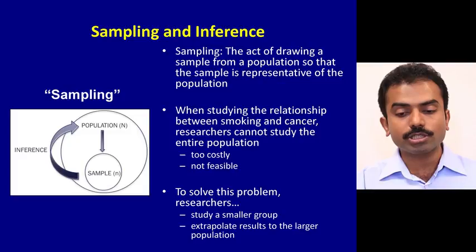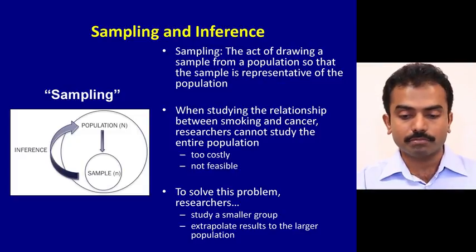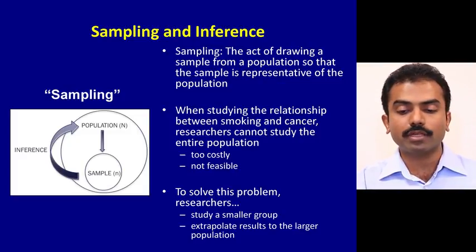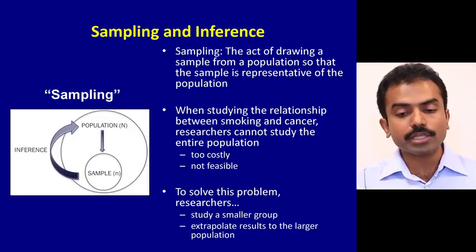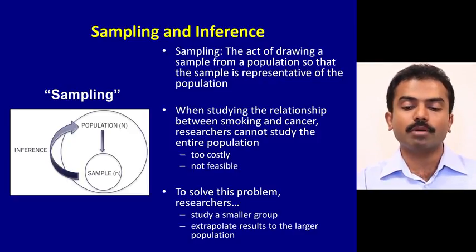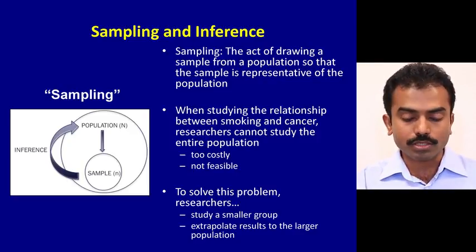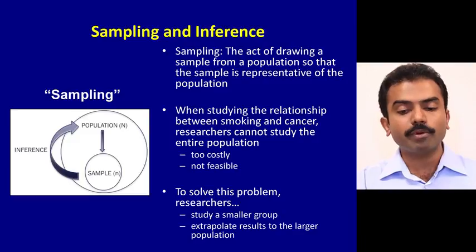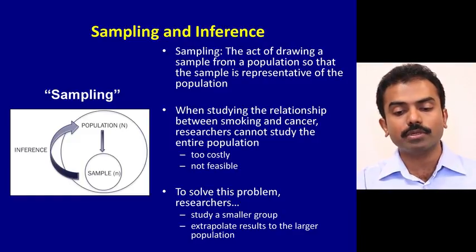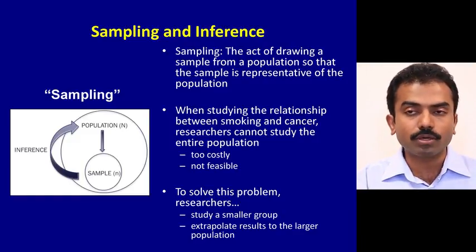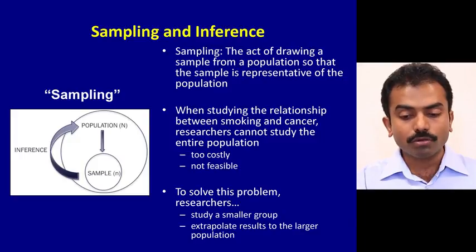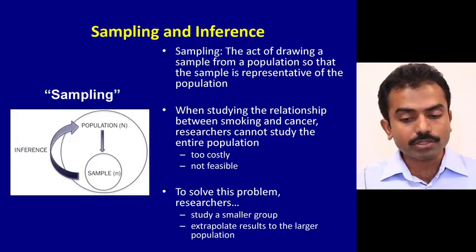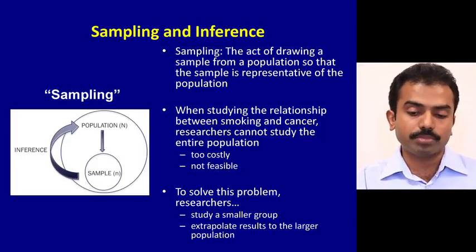When studying the relationship between anything, let's say between smoking and cancer, the researchers cannot possibly study the entire population. It's often too costly, not feasible, probably not required. If we are able to get the same information by testing a sample, why should we test the whole population? So we almost always sample.